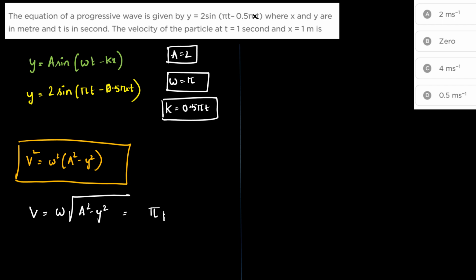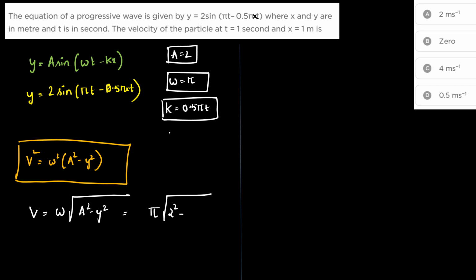So pi as it is, and the square root of a squared. What is your a? a is 2, right? So this is going to be equal to 2 squared minus y squared. And what is your x over here? x is going to be equal to 1, right?